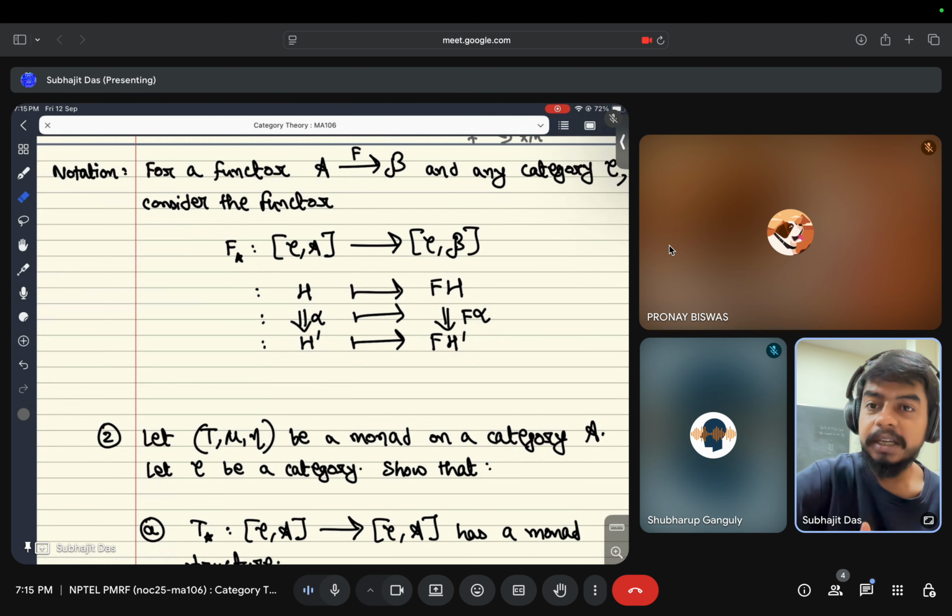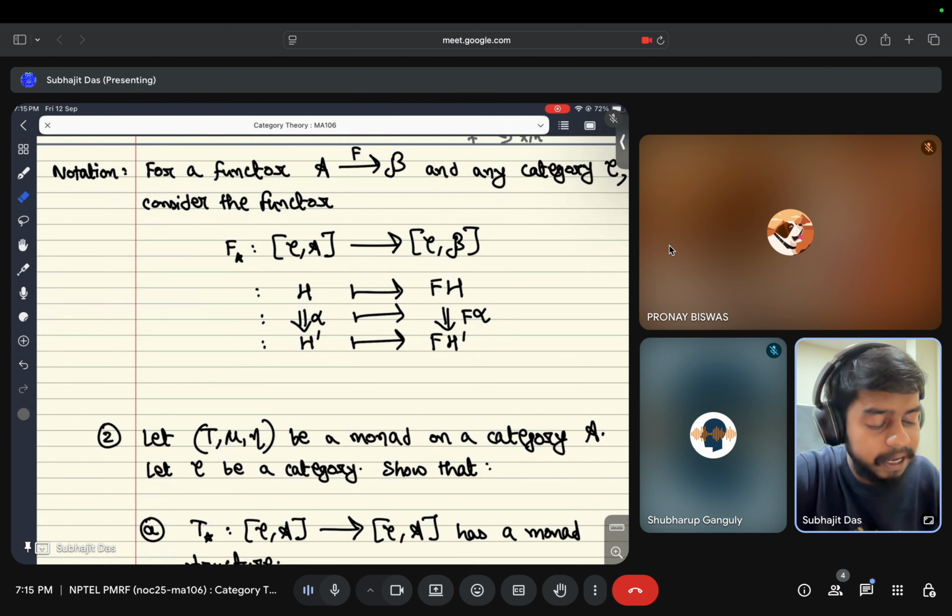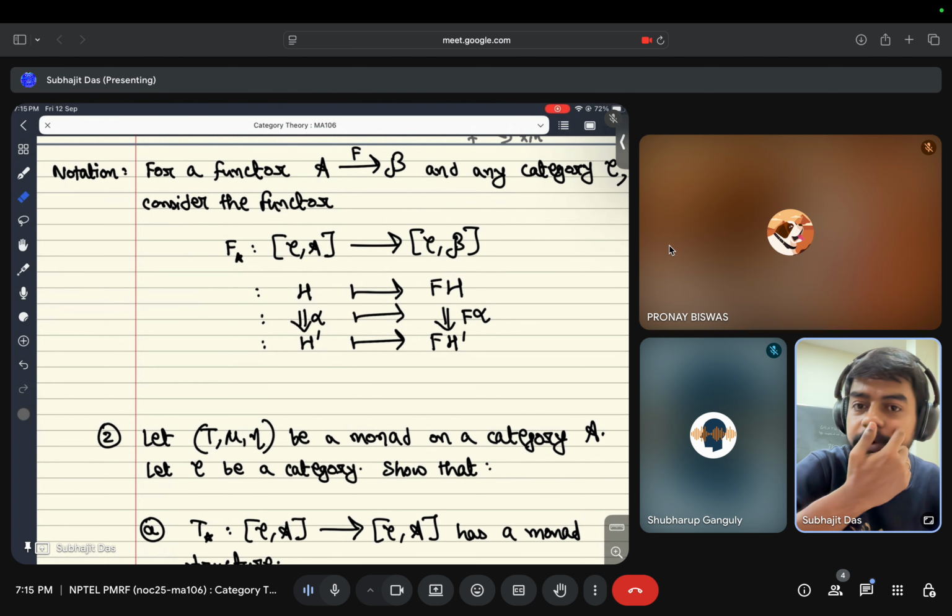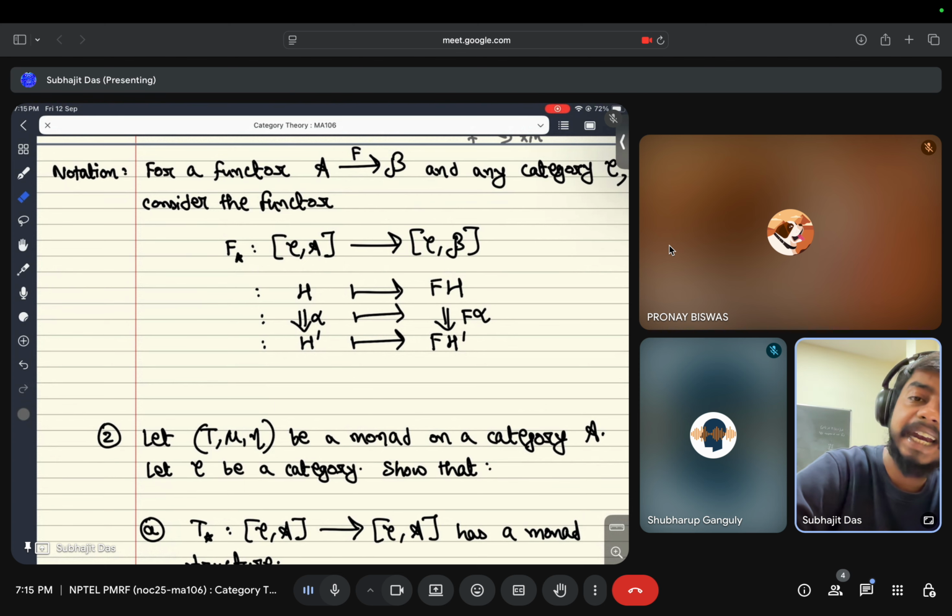For a functor f from A to B and any category C, we have a functor from the functor category C comma A to the functor category C comma B. What it does is essentially post composing with f. It sends a functor h, from C to A, to the functor fh, from C to B, does the same to h prime, and sends a natural transformation alpha to the Godement product f alpha, or the whiskering composite f alpha, right?